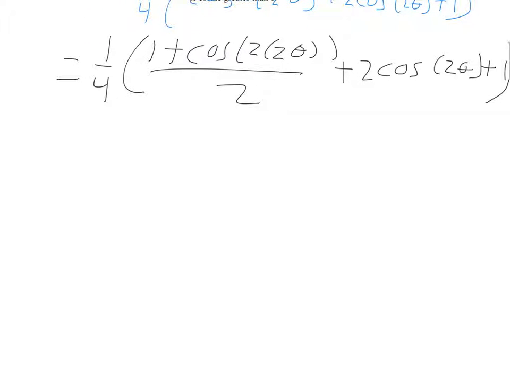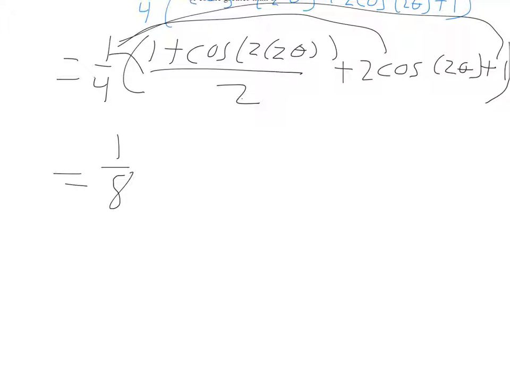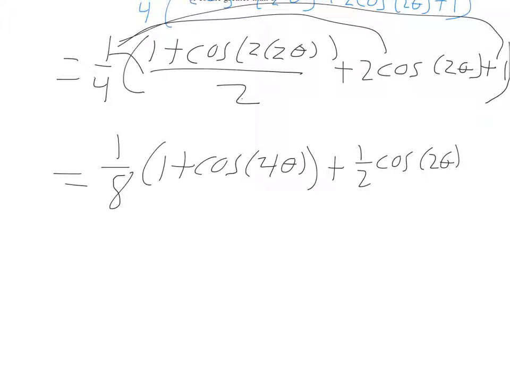So now, if we want to distribute everything, distribute the 1/4 in, that would be equal to 1/4 times this 2 on the bottom, which is pretty much multiplying by 1/2. 1/4 times 1/2 would be 1/8 times 1 plus cosine of, that ends up being 4 theta, plus 2 times 1/4 would be 1/2 cosine of 2 theta. And then 1/4 times 1 would be 1/4.